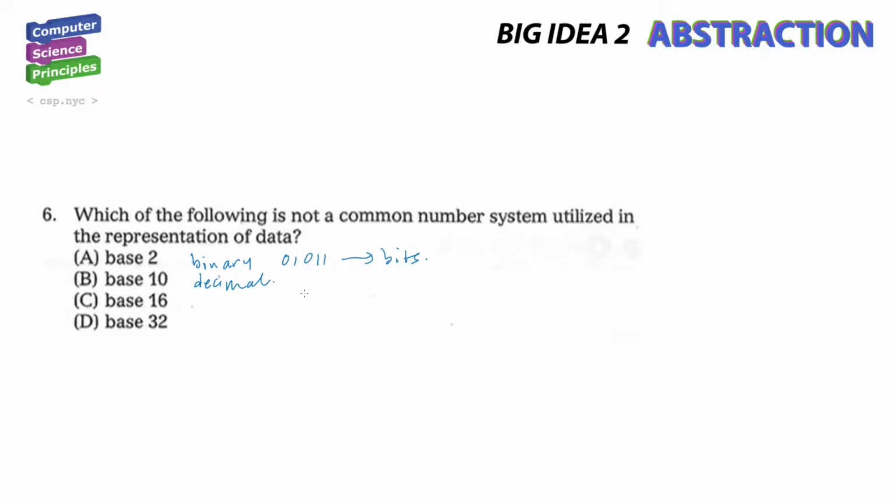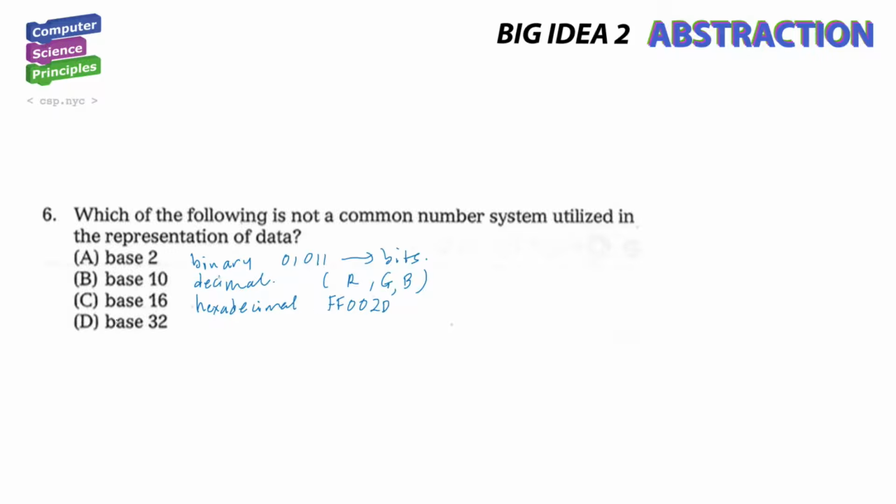Those are just like regular numbers we use every day, counting numbers, integers. And so those are very common. Base 16 is hexadecimal, and hexadecimal is used in the color codes, just like we saw before, FF, 0, 0. And even the decimal is used in colors when we do the RGB. Each of those numbers are written as regular decimal numbers.